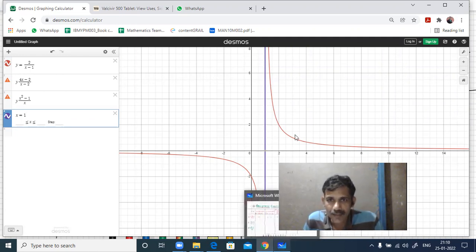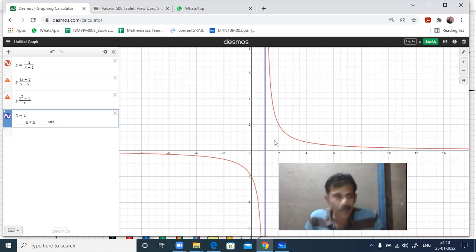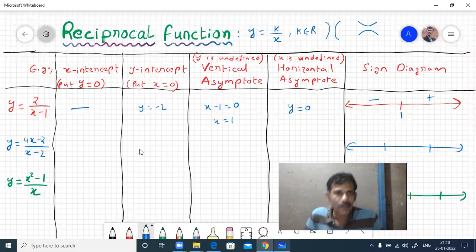When you are approaching from the right side of 1, it approaches infinity. When you are approaching from the left side, it approaches minus infinity. We can tell the behavior of the curve also. Okay, next graph we will go.